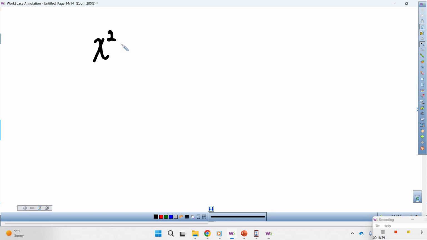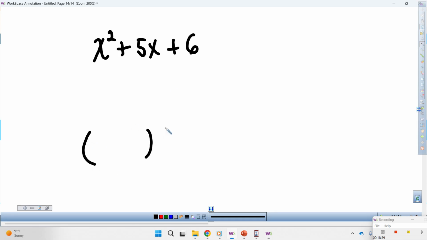X squared plus 5x plus 6. I need to factor that. That means I need to end up with two expressions multiplying each other to give me that first one. The way I instructed this, I said, all right, guys, we're going to start with something called the Power Rangers.